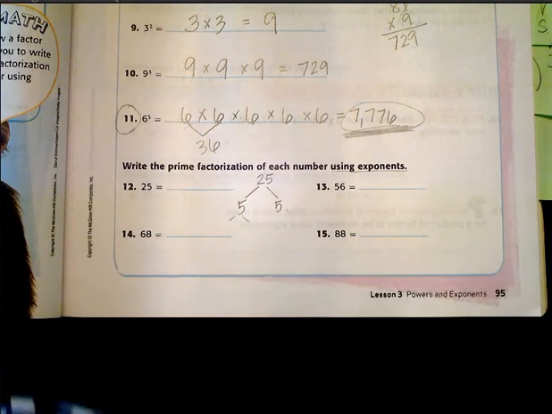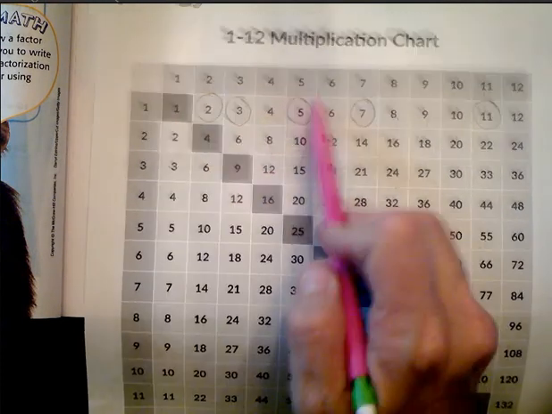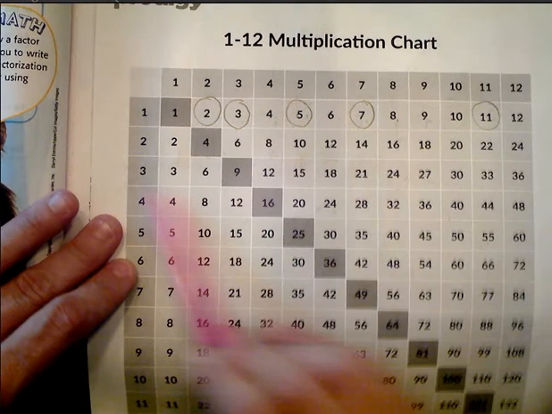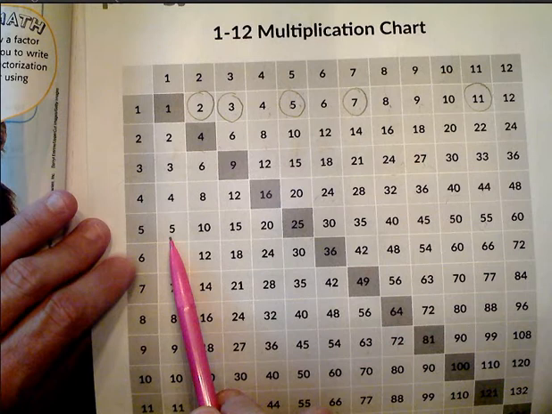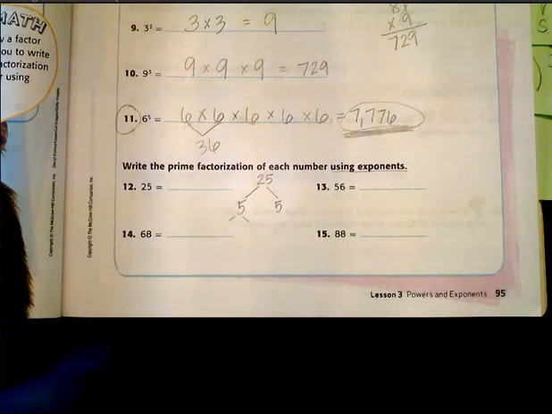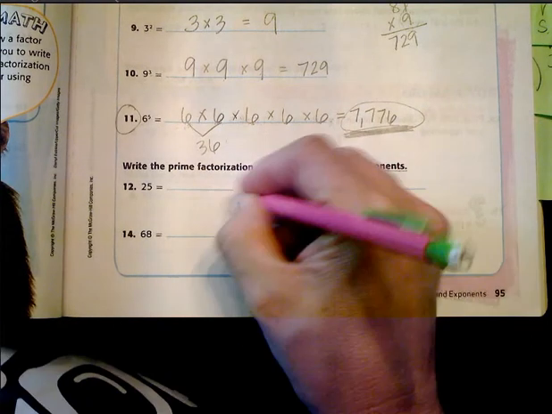What times what is 5? Well, here's a 5. Oh, but it's just 1 and 5. It's 1 in itself. Let's see, any other 5s? Oh, there's a 5. Oh, but it's just 1 in itself. That's it, you guys, because remember, 5s are our special numbers we call prime numbers.